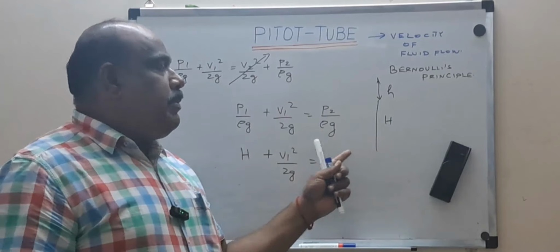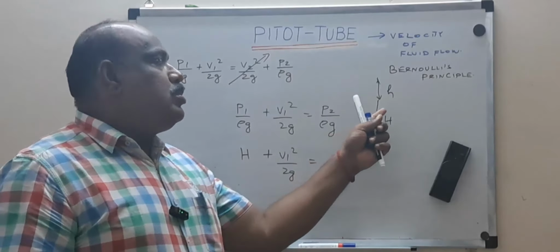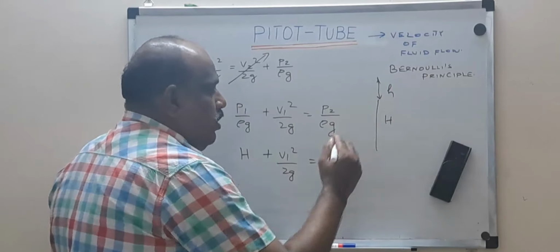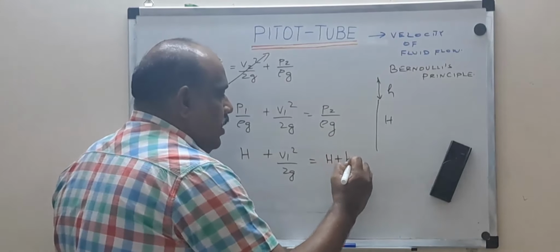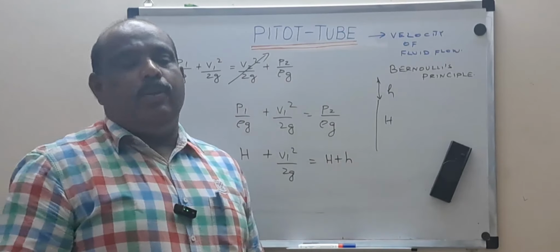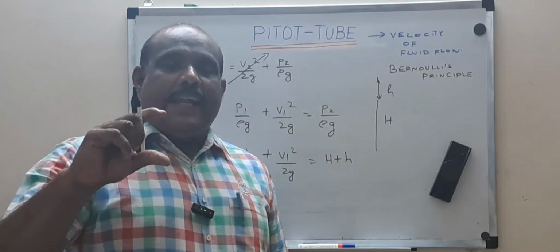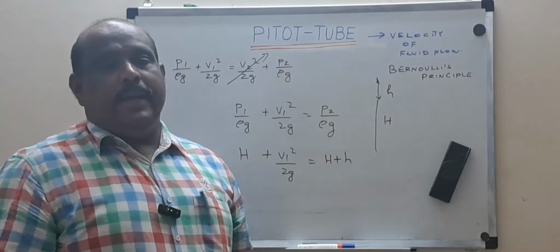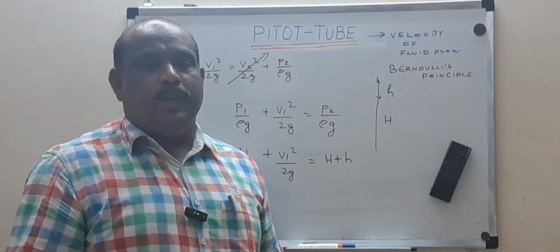But here the dynamic component has been made 0, so it rises to small h. So P2 by rho g will be equal to static pressure head plus dynamic pressure head, H plus h.